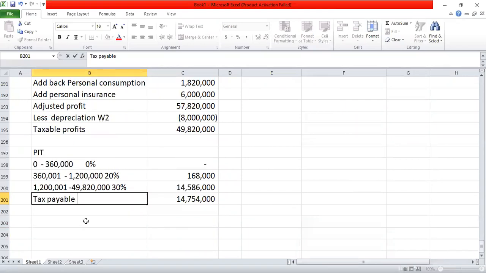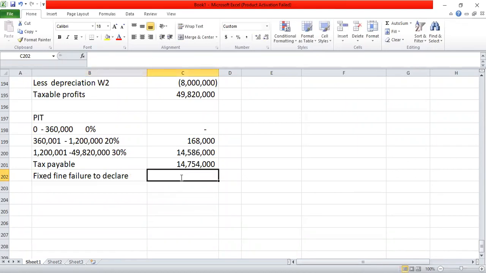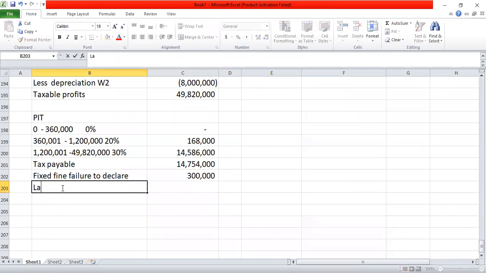Then you can charge the penalty for failure to declare tax, a fixed fine for failure to declare, which is 300,000. Then you have late payment and declaration, which depends on how many days.